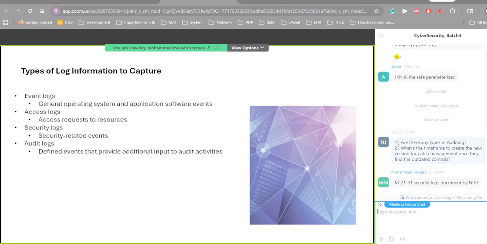You can use a few of them. You don't have to use all of them, and some of them are not applicable for your team. For example, if you don't have any databases, then database logs will not be applicable for you. So look at that. That's a very good document, M2131, to look at what kind of events you want for logs.